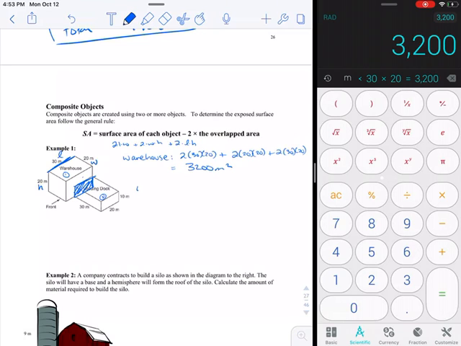And the loading dock has a length of 30, a width of 20, and a height of 10. So let's use the same formula. So 2 times length times width plus 2 times width times height plus 2 times length times height.